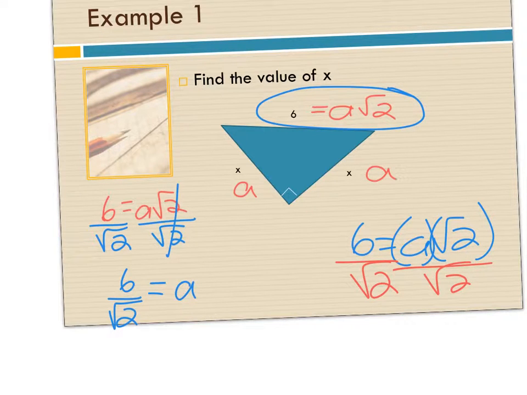But if you remember, you can't leave a square root in the denominator. Do you remember this? From algebra? Okay, so you can't leave a square root in a denominator. The square root is an irrational number, and it can't be left in the denominator. So we do something called rationalizing a denominator. And that means I multiply both the top and the bottom by whatever's in the bottom.